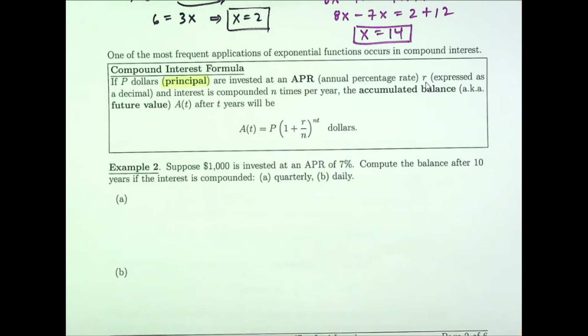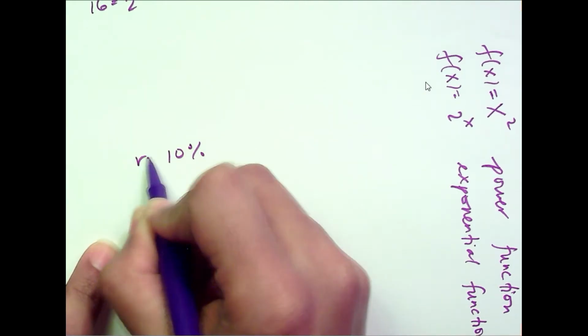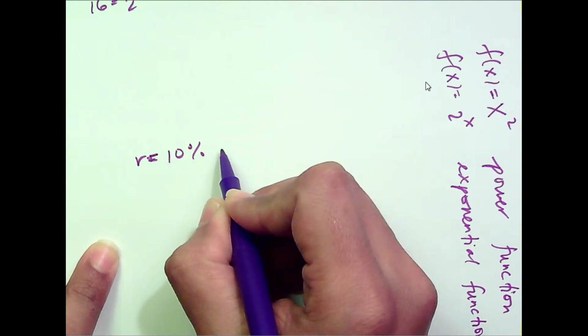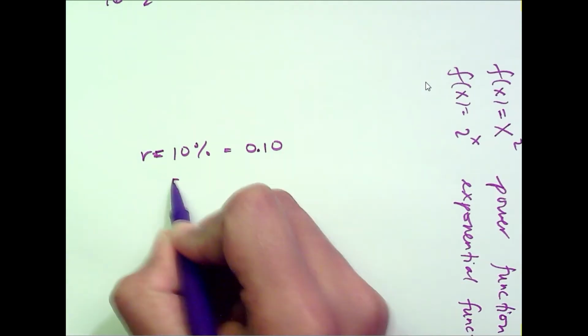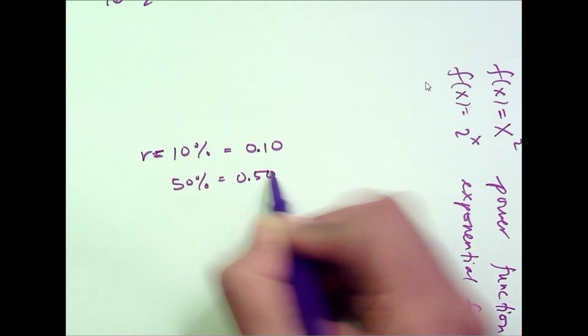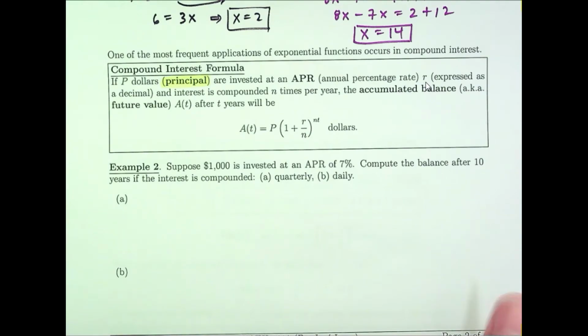You're going to put r equals 0.10, because you have to convert the percent to a decimal by moving the dot twice. Like 50% is 0.5 or 0.50. You're not going to say r equals 50.